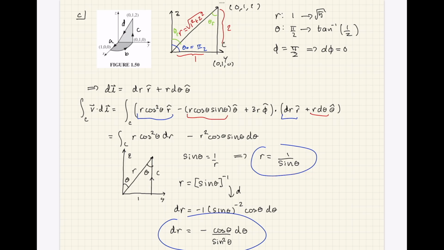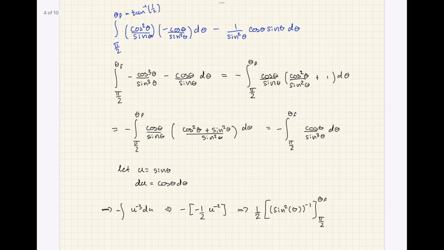I need to find what dr and d theta are, so I take an implicit derivative. After solving for it, dr is equal to minus cos theta over sine squared theta d theta. Now that I know what my dr is, I plug them in. After plugging in, I get this integral. Now everything's in terms of theta, and I can start solving for it.